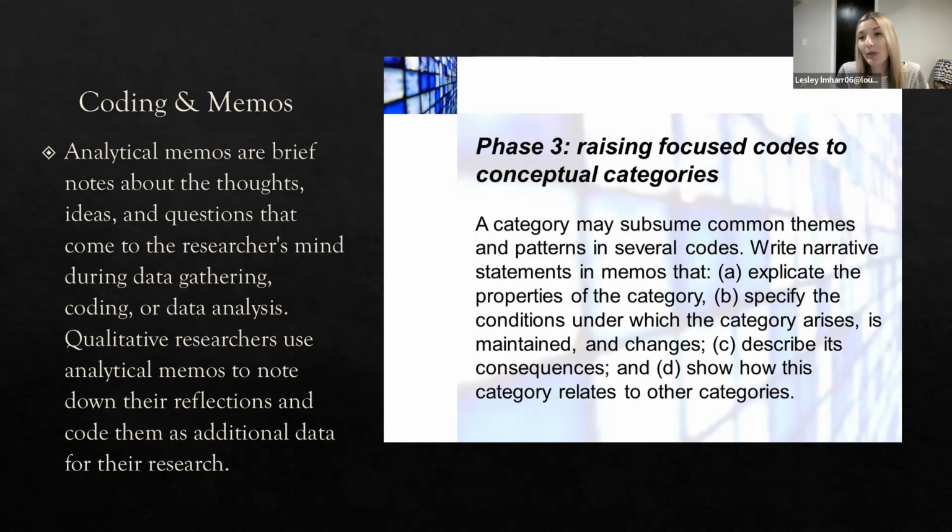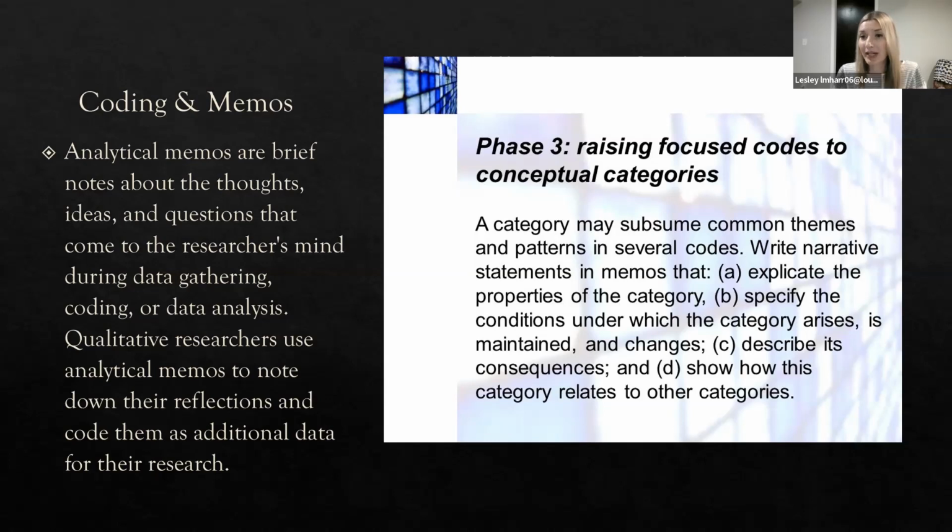The reason why we are writing so many memos is that the memos often become the backbone of our manuscript. So we refine memos over time, we collapse and combine memos, and they really help us move our analysis along.